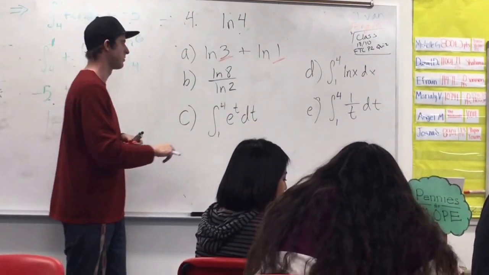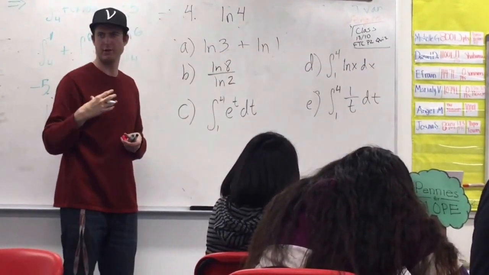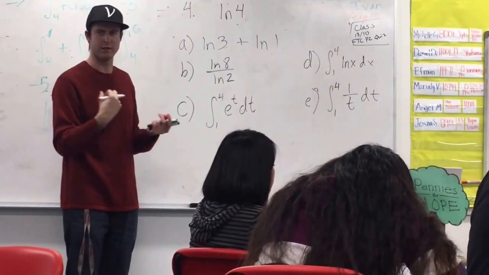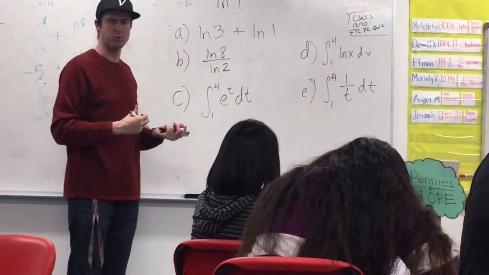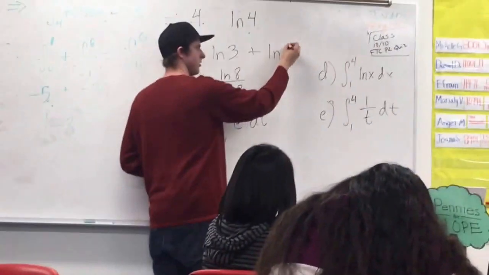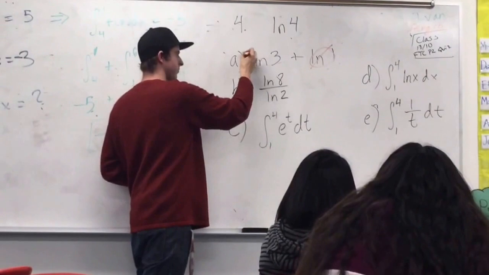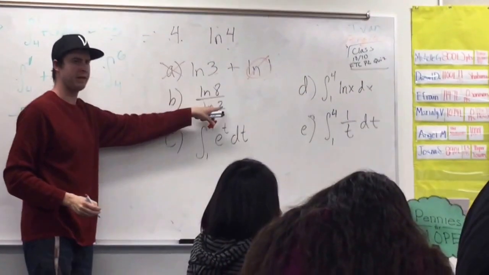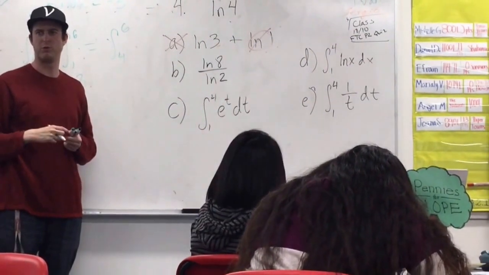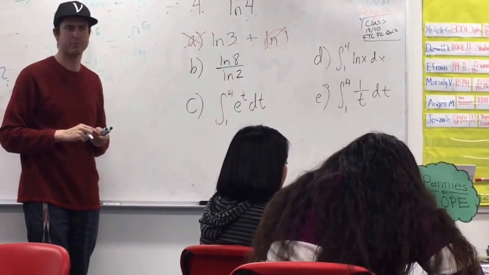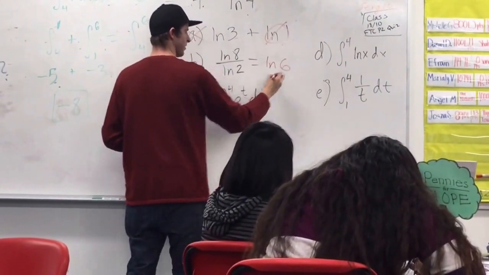Ln of 3 is going to give some answer, and then the natural log of 1, and if you remember, ln of 1 is actually 0, so this is not it. Ln of 8 divided by ln of 2. If anyone remembers, when you divide logs, what do you do? Subtract, so this would have actually been the ln of 6.